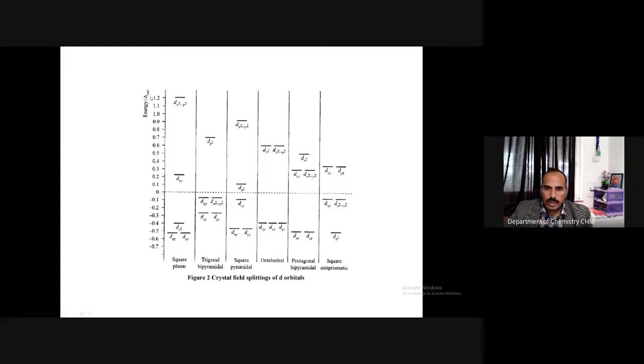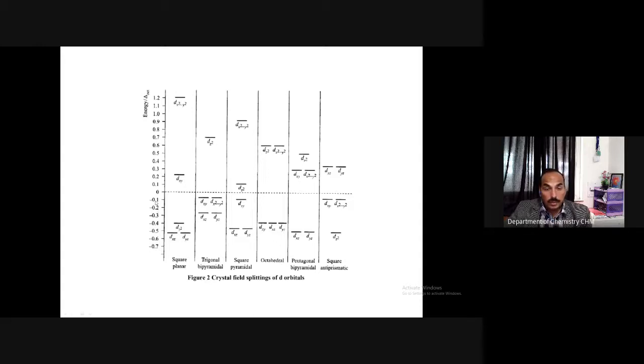And this is in terms of delta O. So 0.1, 0.2, 0.3, 0.4, all the way up to 1.2, because that 12 Dq or 1.2 we need for the square planar geometry, that is dx square minus y square is occupying that much higher in energy, right? dxy you can see in case of square planar is above the barycenter. This 0 is defined as the barycenter, and this is true for all the geometries irrespective of whatever the geometry. This barycenter will hold true for all the geometries.